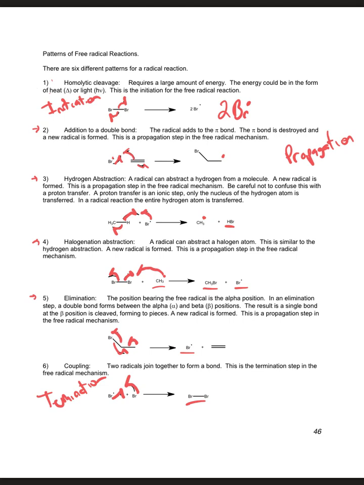So the initiation starts the process, the termination kills it off. And only a very small amount of the compound actually undergoes either of these steps, because there's not much of the free radical around, so it's hard for two free radicals to run into each other.